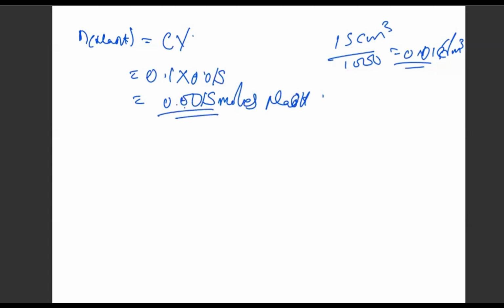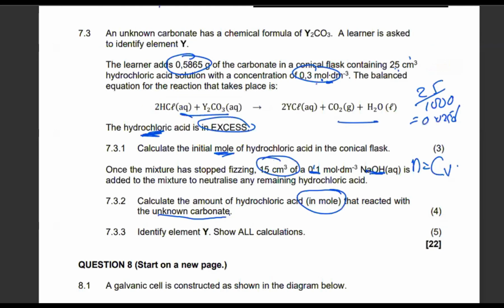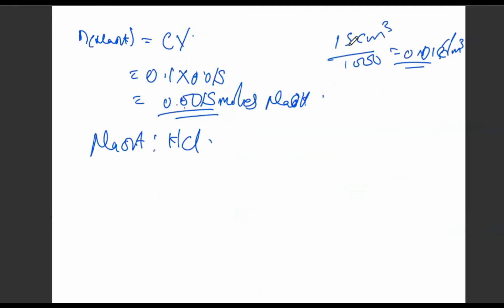Once I get that, now I'm going to use the mole ratio of sodium hydroxide with the hydrochloric acid. Remember this is a neutralization reaction: sodium hydroxide plus HCl gives you sodium chloride plus H2O.